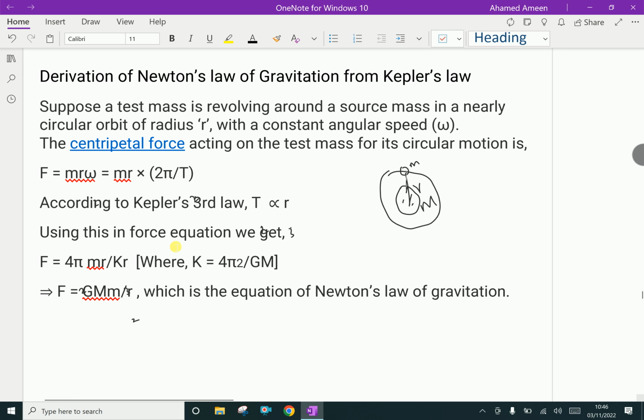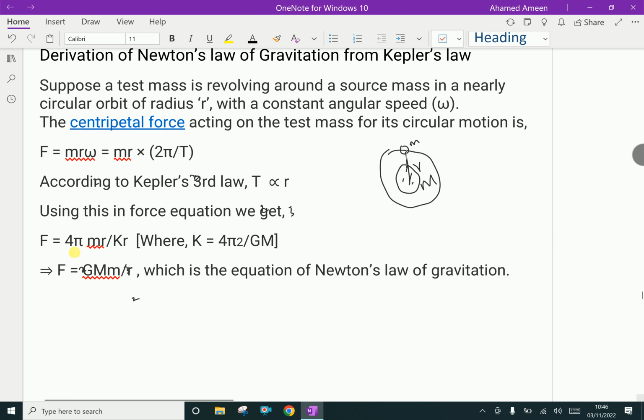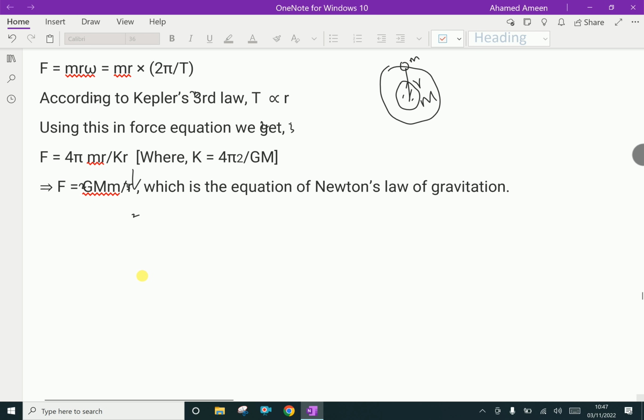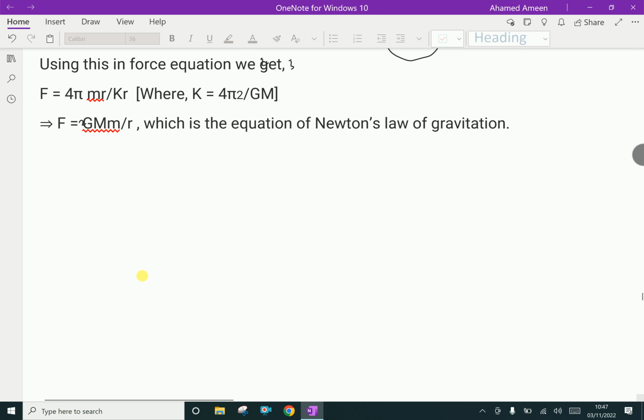Using this in the force equation, we get F equal to 4 pi squared m r by k r cubed, where k is 4 pi squared by G M, using the constant 4 pi squared by G M. Then applying this k value here, we can derive F equal to G M m by r squared, which is Newton's equation of gravitation.